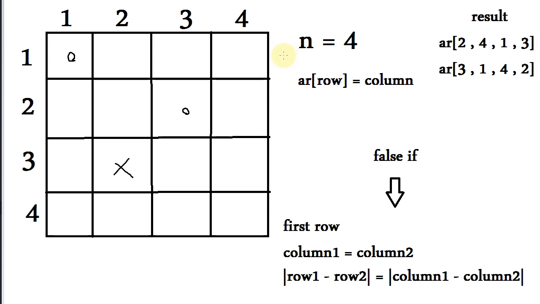The columns of the queens that are placed here, and it goes right on this until this second row. And at first it checks for this first row and then checks for the second row.